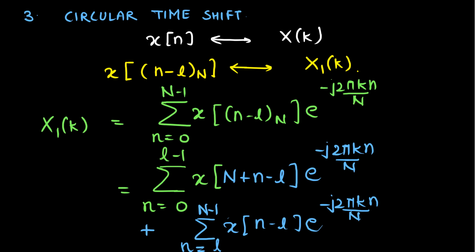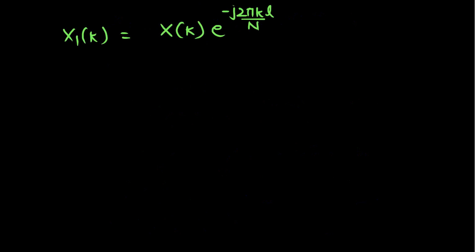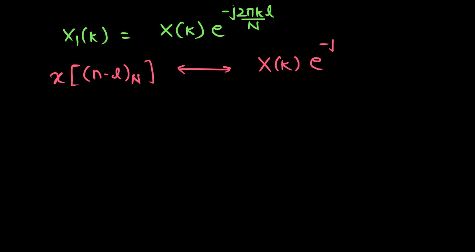The next property that we saw was circular shift in the time domain, that is, if we shift the signal circularly in the time domain, then what we get in the frequency domain is simply multiplication by a factor, that is e to the power minus j 2 pi kl by N. So basically, if we have a circular shift in the time domain, we get the DFT, that is X of k, circularly shifted, scaled by a complex exponential e to the power minus j 2 pi kl by capital N. So we get this extra factor by introducing a circular shift.